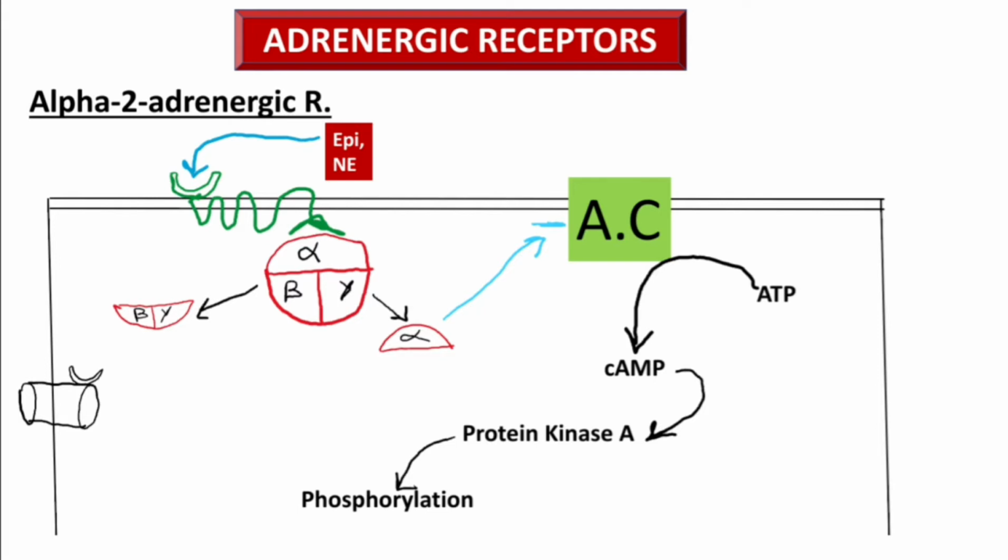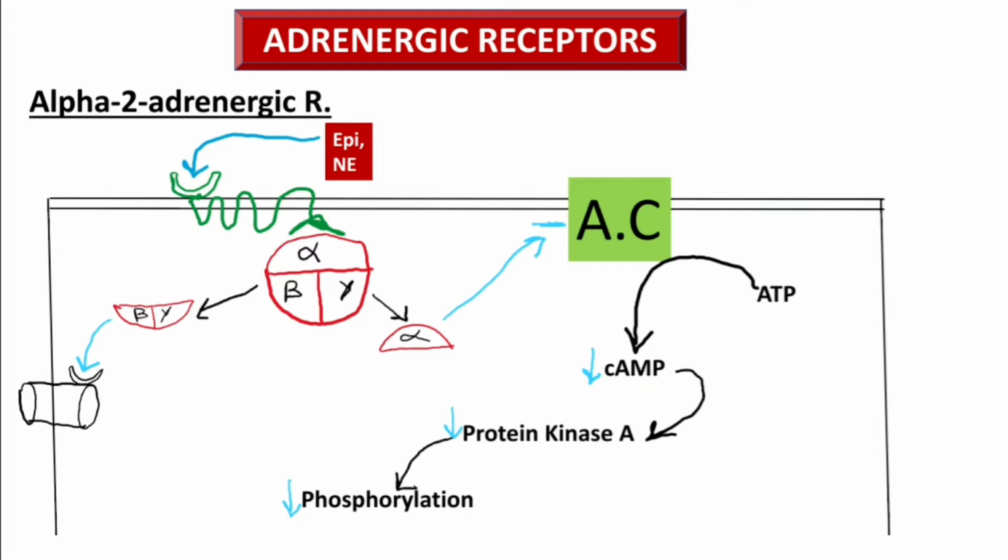There will be low levels of cyclic AMP and low levels of active protein kinase A, meaning phosphorylation is very low too. That's for the alpha subunit, which is just inhibition of adenylyl cyclase. What about the other component, beta and gamma? This will act on the channel for potassium.